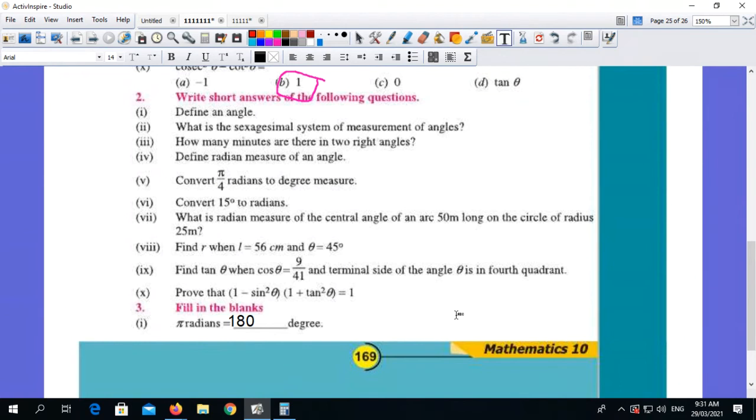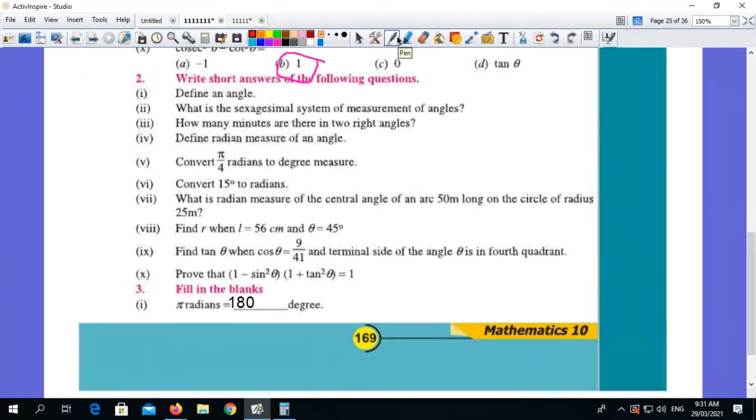We know that pi radian can be converted into degrees by multiplying it by 180 by pi. Pi cancels with pi and we are left with 180 degrees. So pi radian equals 180 degrees.